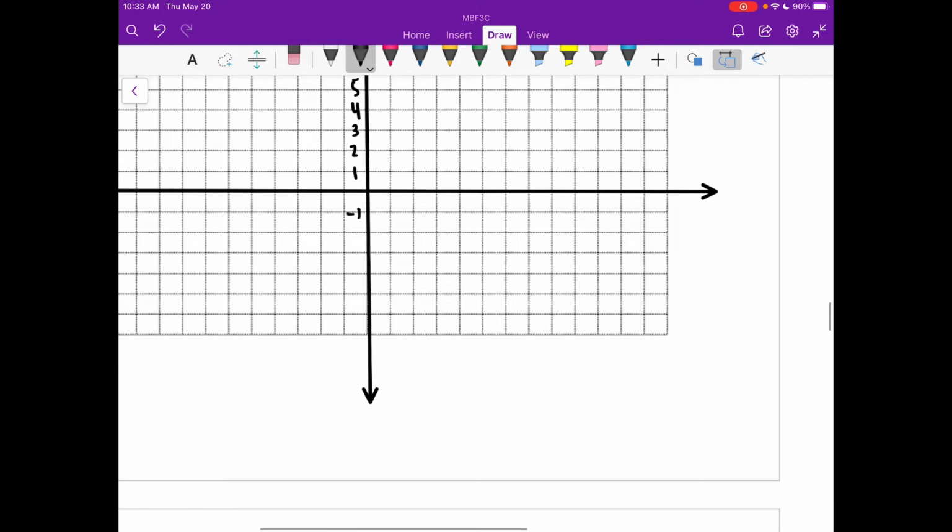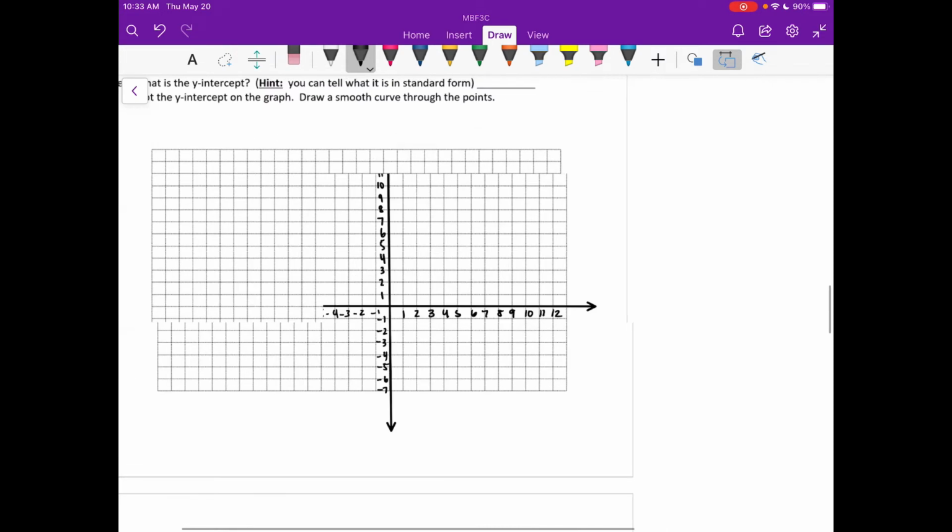So I'm just going to go -1, -2, -3. That's as much as we need.